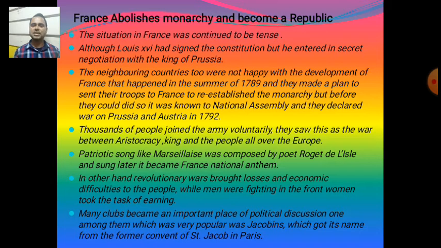One among them, a very popular one, was the Jacobins, which got its name from the former convent of Saint Jacob in Paris. So this is how the series of things were happening in France.